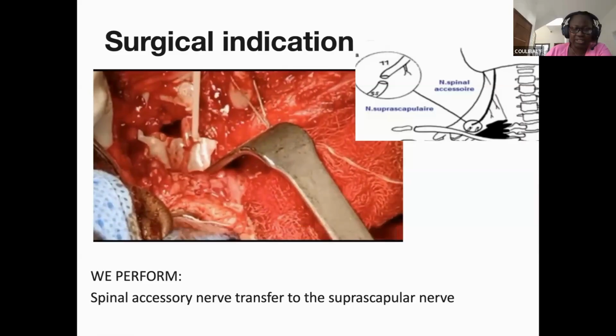Biological glue is used for the suture, but you can do a microsurgical suture.